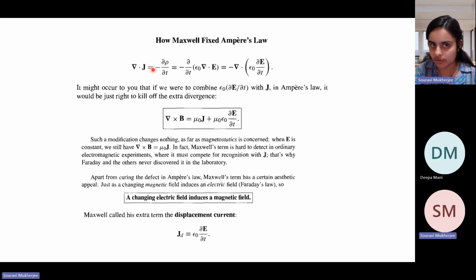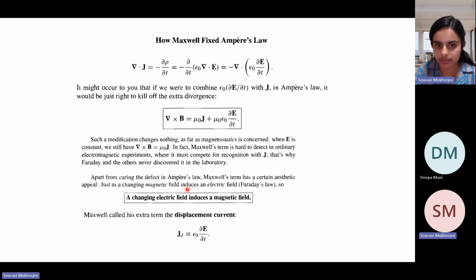Because this thing holds. So he added that extra term. He said that curl of B is given as mu naught J plus mu naught epsilon naught del E del t, right? So this makes all the change. Now whatever you do, your divergence of curl of B will always be 0.